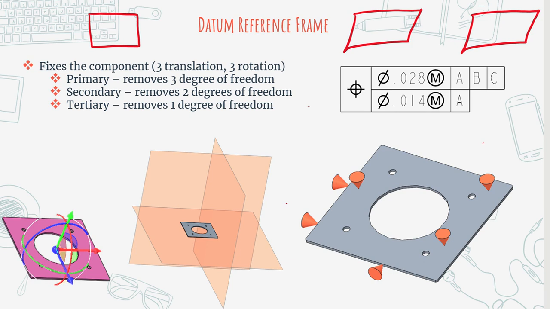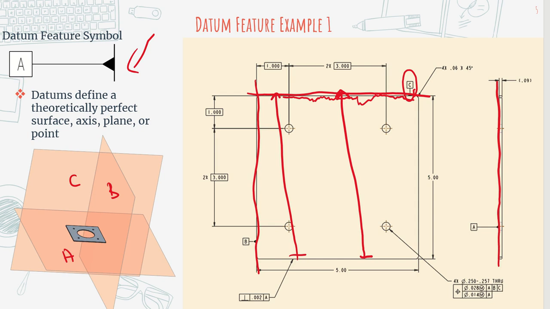Well, we said here in the slide that we have 3 different datums defined for this part, A, B, and C. And you can see that with defining these 3 datums, we are essentially fixing this part. So the orientation of this part is fixed because it is constrained by the datums itself. Because we're saying that this surface has to be in contact with datum C, this surface has to be in contact with datum B, and the bottom surface has to be in contact with datum A. So now this part cannot rotate, it cannot translate, it's fixed.